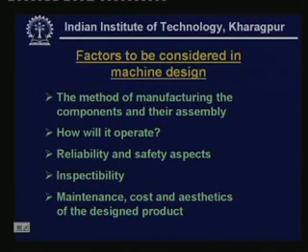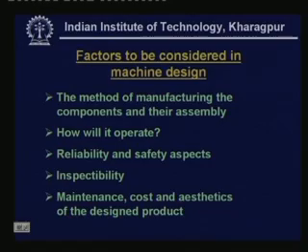So, the machine assembly should be such that you should not have difficulty in inspecting the machine. Maintenance, cost and aesthetics of the design products are the last three points to be discussed. However, maintenance is indirectly related to reliability and safety aspects.